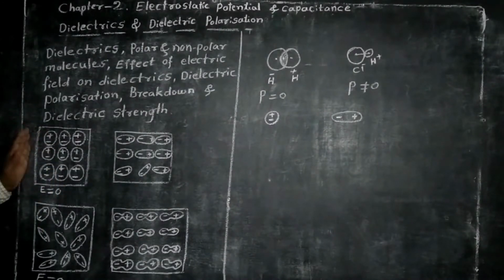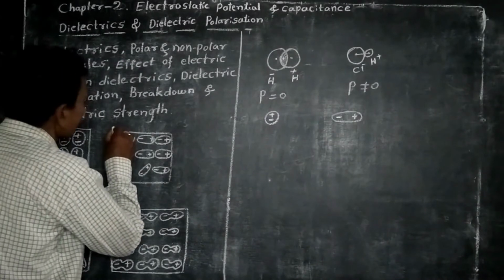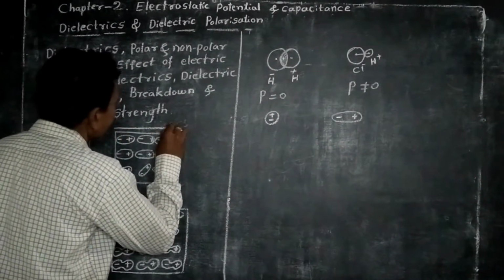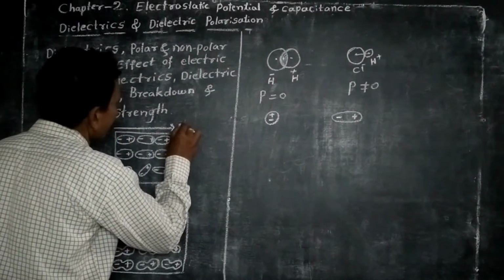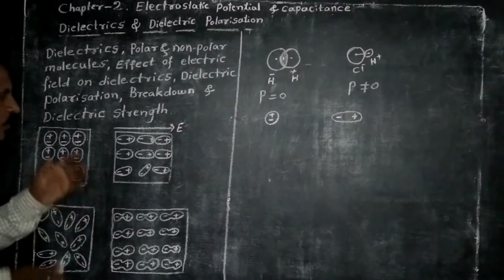But when a non-polar dielectric slab is placed in an external electric field E, let E be the electric field in which the dielectric slab is placed, then what happens?